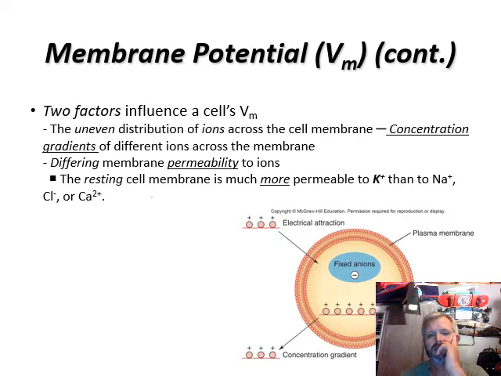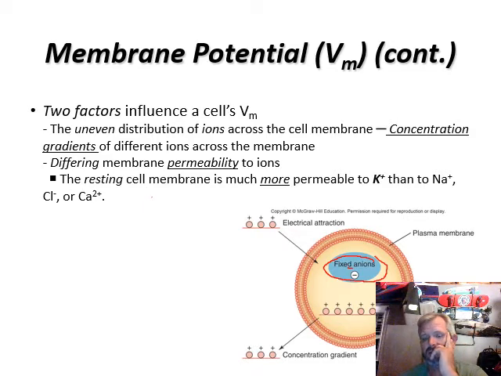Again, the factors: uneven distribution of ions across the cell, and also inside we have these large negative fixed ions, such as proteins and ATP. These are negative molecules inside.